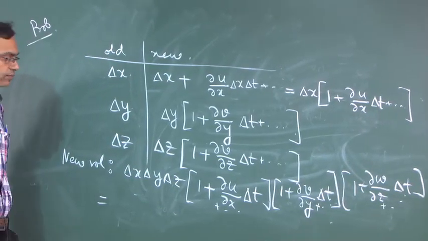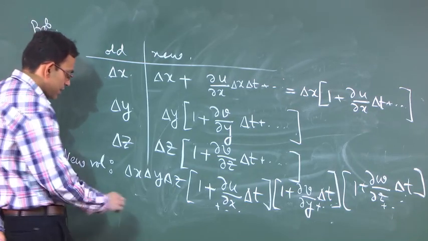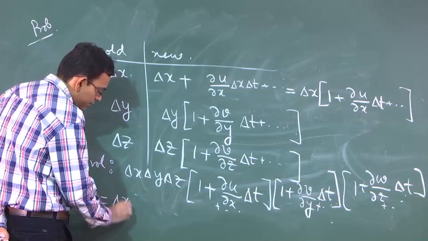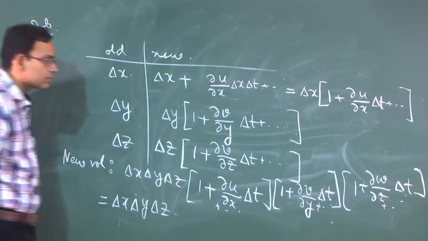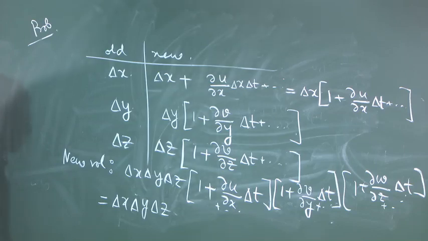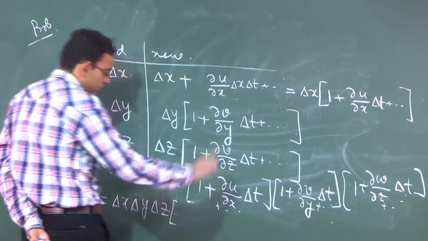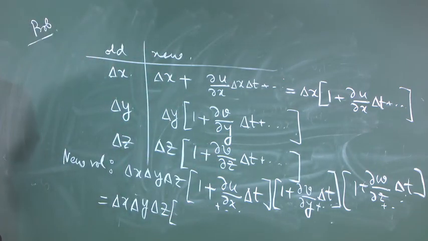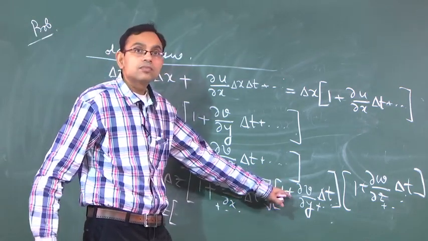So, what is this? This is delta x, delta y, delta z. Now you multiply these two.